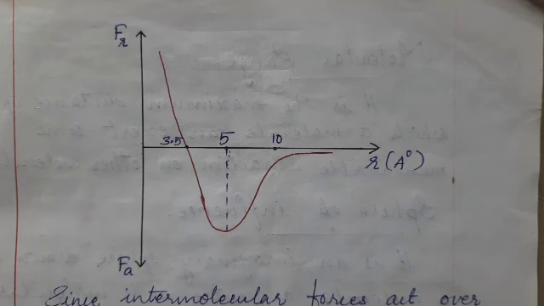For example, for gas molecules, the separation between each molecule will be greater than 10 Angstrom, so the force between them will be very weak. But within some 5 Angstrom to 10 Angstrom, the force will be considerably more attractive. But if the separation is very small, less than 3.5 Angstrom, the molecules face a repulsive force.